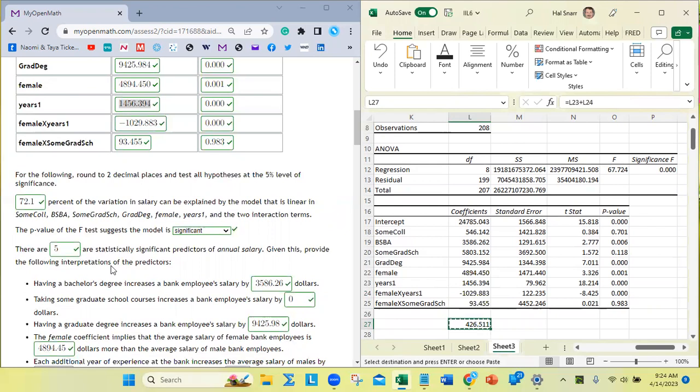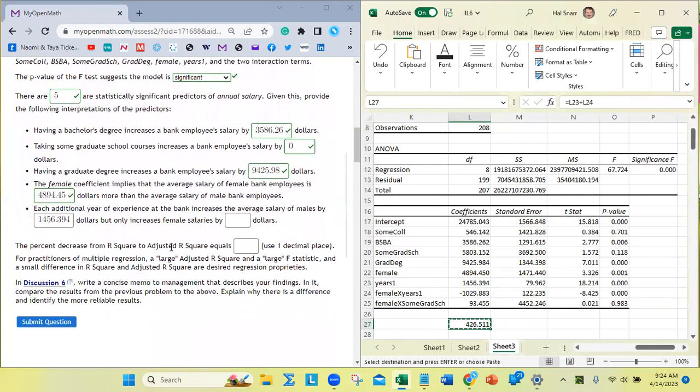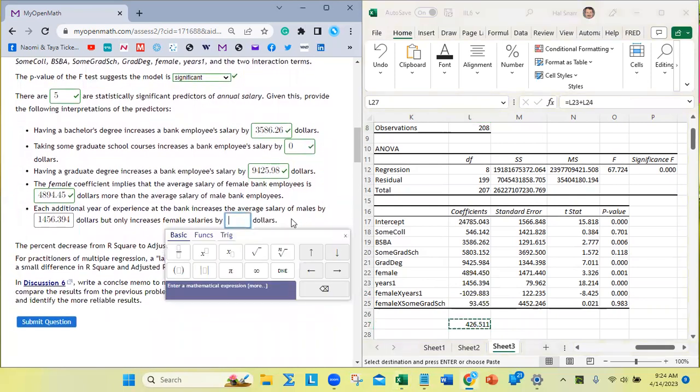Now, the reason why that might be, you might find in this data that maybe females that are hired have higher levels of education than males. Maybe males start at the bank when they got out of high school, and maybe some of the females start at the bank after they graduated from college.